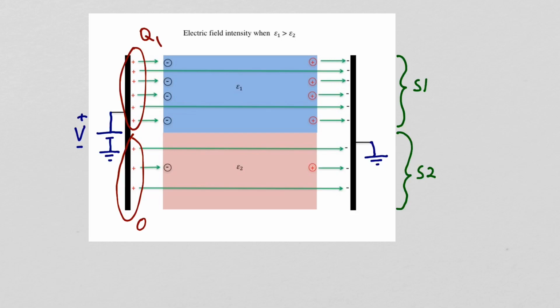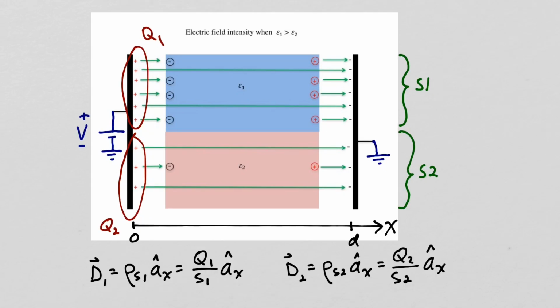Electric flux density begins on positive free charge and terminates on negative free charge. The electric flux density field in material 1 will be the charge density on the plate adjacent to material 1, and it will be in the x direction. That charge density will be Q sub 1 over S sub 1.